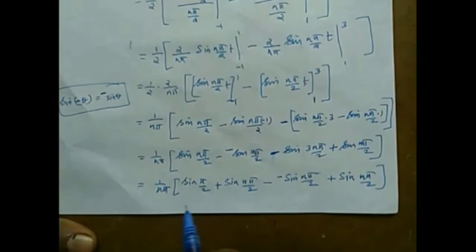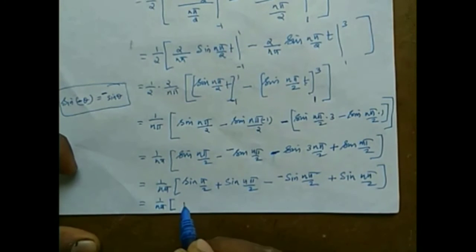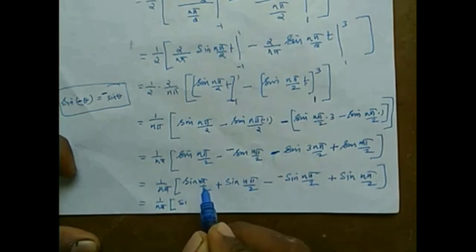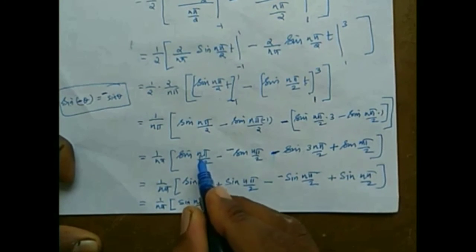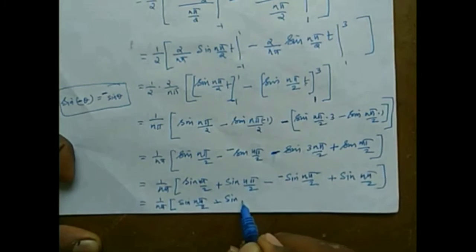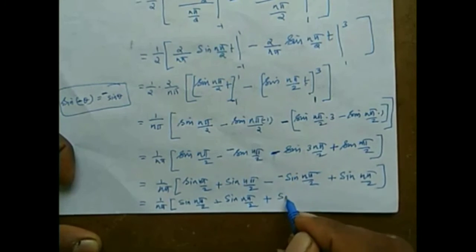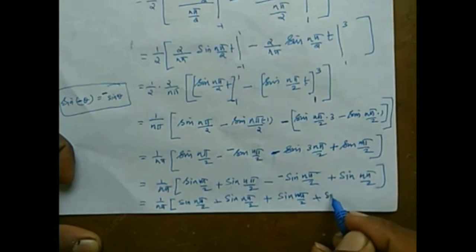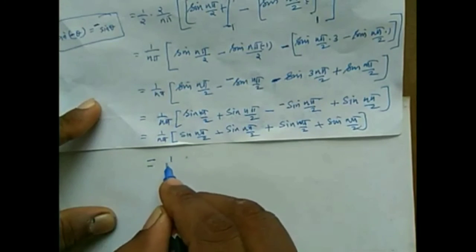Again minus into minus becomes positive. 1 by n pi times sin n pi by 2, plus sin n pi by 2, minus into minus becomes plus, sin n pi by 2 plus sin n pi by 2, equal to 1 by n pi.